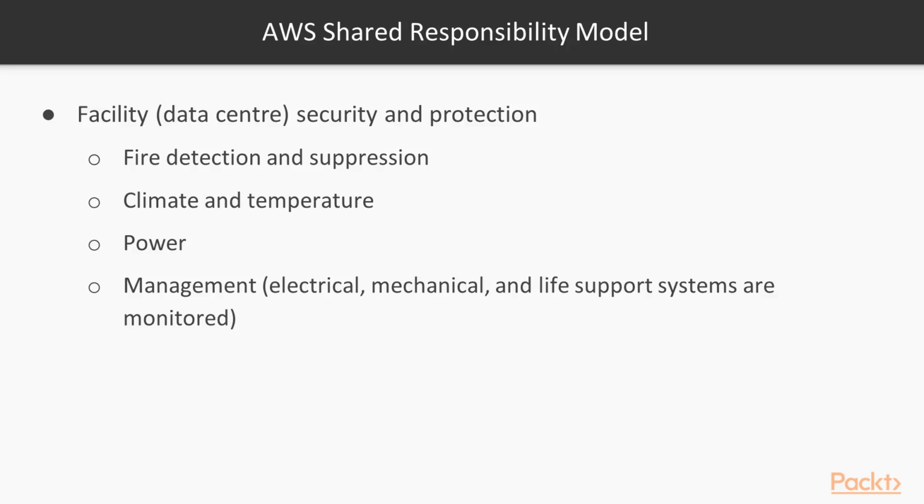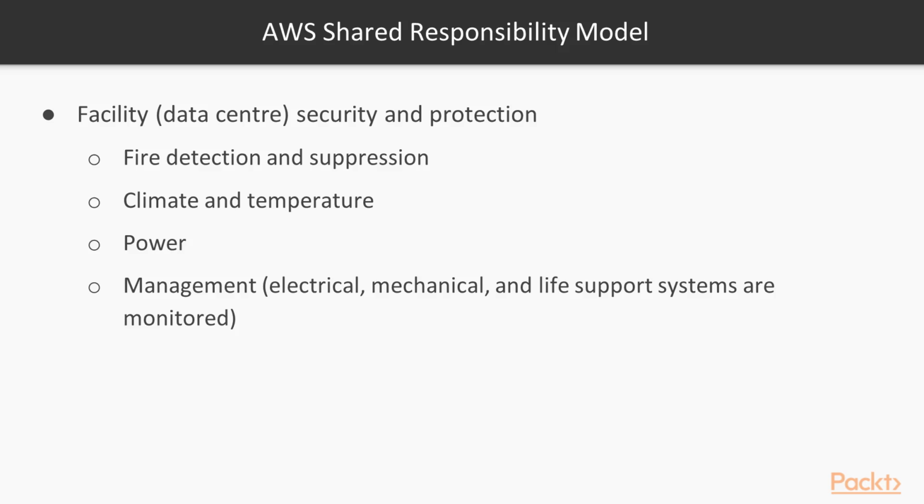AWS are also responsible for facility or data center security and protection. They're responsible for fire detection and suppression, climate and temperature monitoring, power monitoring, as well as management. For example, electrical, mechanical, and life support systems need to be monitored.